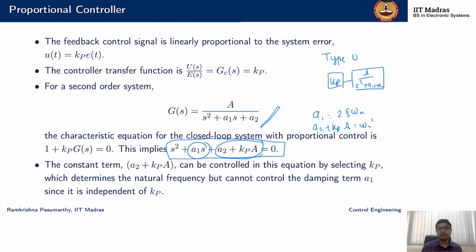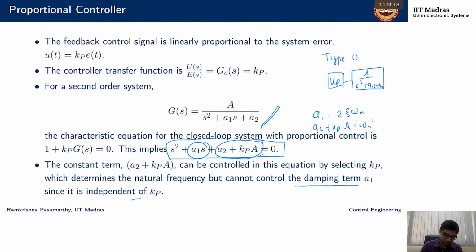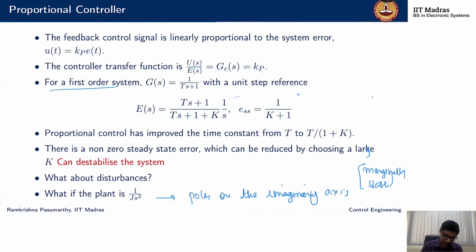But through this controller, I am unable to control the damping term, which is independent of Kp. That's also you will see here, right? So my closed loop poles are just decided by 1 over Js square plus Kp, right, in this case.